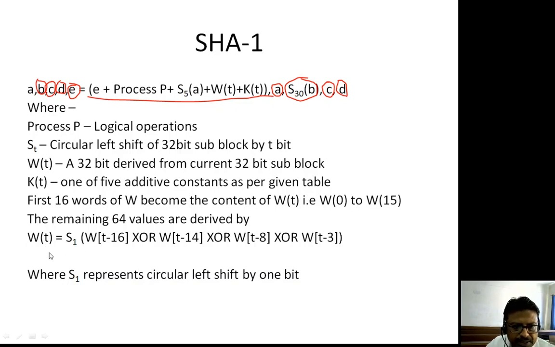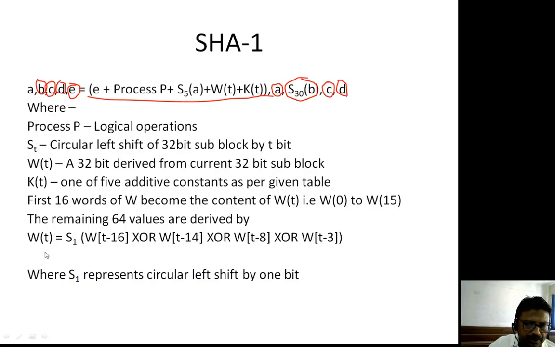The formula says that if t is equal to 16, suppose we want the value of W16, then W16 will be W0 XORed with W2 XORed with W8 XORed with W13. When these values are XORed, whatever is the result is shifted one bit left, and the value we get will be W16.